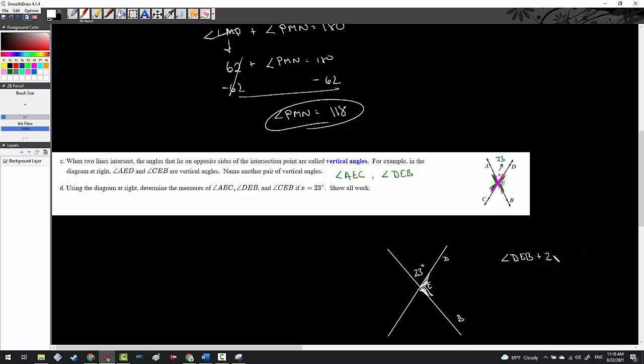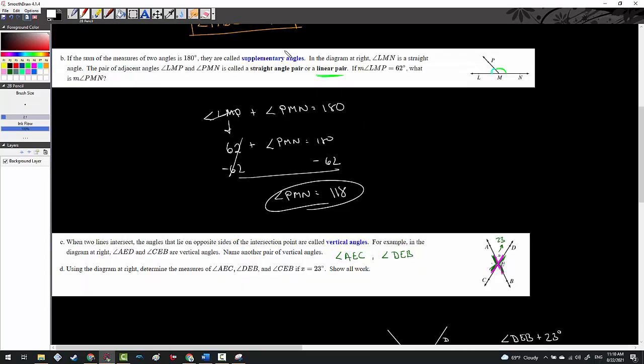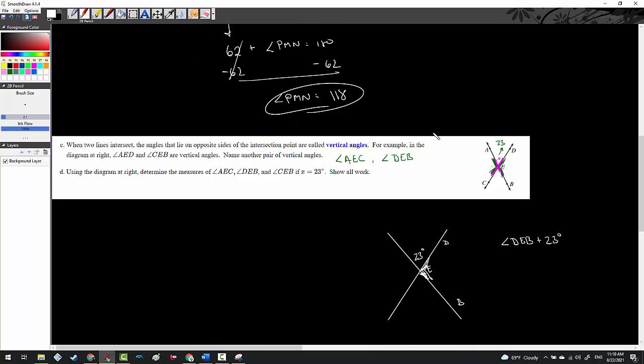And so based on my definition of linear pairs, which we did up here at the second portion of this problem, I know that those angles are supplementary. And what does that mean? That means that when I add them up, they become 180 degrees. So if I subtract the 23 from either side, then I think my angle DEB will be clear as day, so 157 degrees.